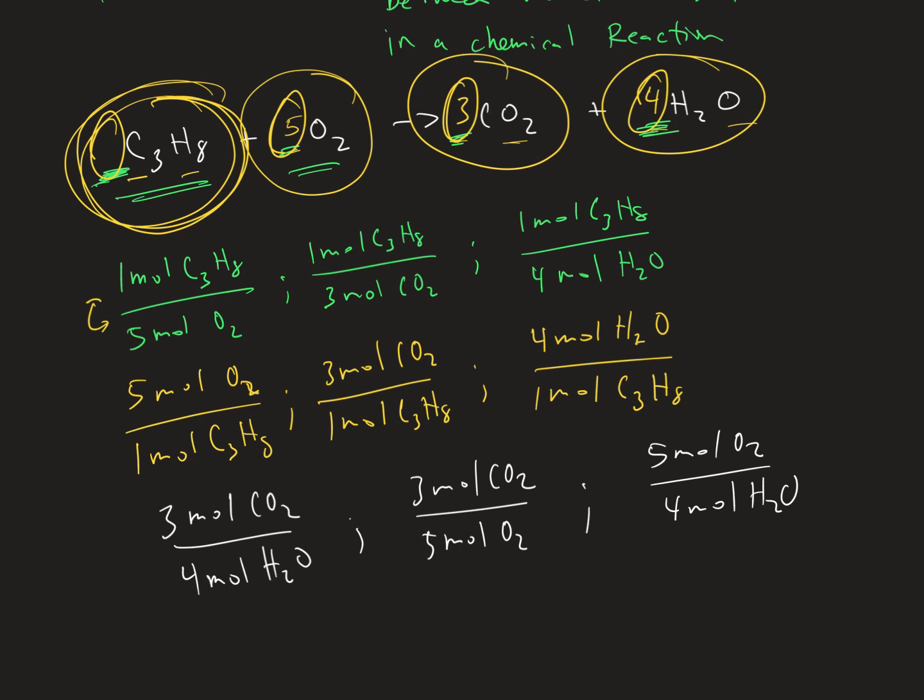Now, sometimes we may be given the moles of a product or of a reactant, and we want to know moles of a reactant. This is just one step, right? Sorry, product. Or we might be given grams. Most likely, we'll know the grams of reactant, right?